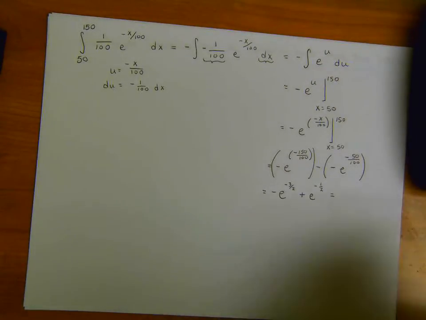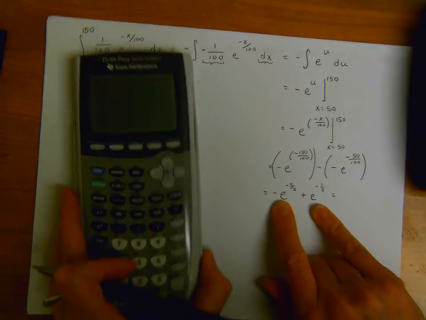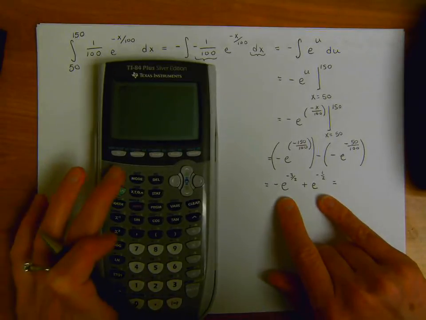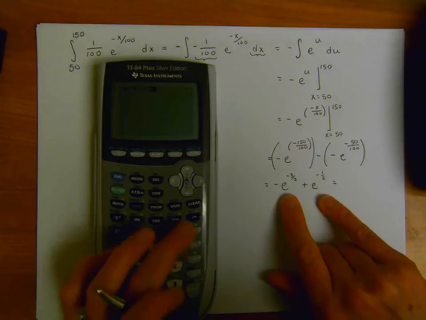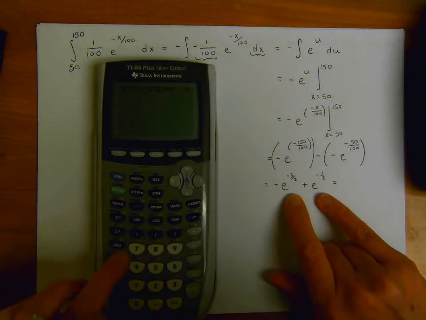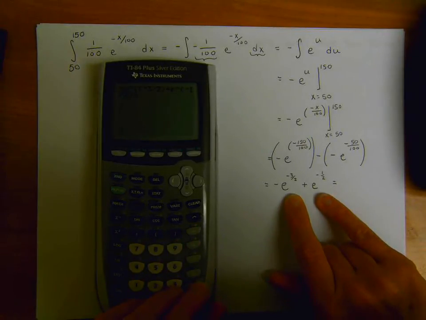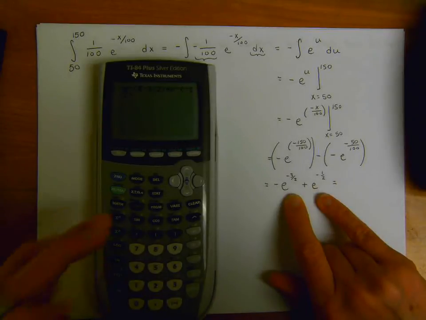And I can get a numerical approximation. This is the exact answer, this is the exact value, but if I wanted to use my calculator, I could look this up. E to the negative 3 halves plus e to the negative 1 half. Uh-oh, I'm missing a parenthesis. I added an extra parenthesis here. Delete.